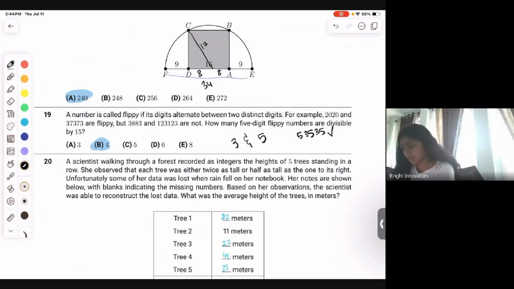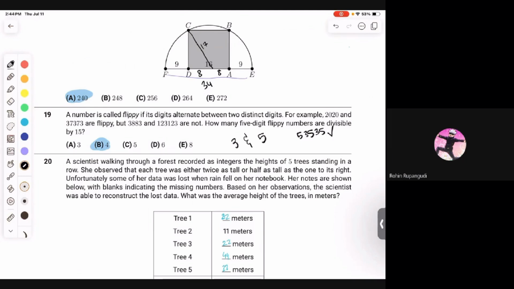Then 5, 6, 5, 6, 5 also works because it becomes 27, so it's also divisible by 3. And then 5, 0, 5, 0, 5, it becomes 15. And then 5, 9, 5, 9, 5.